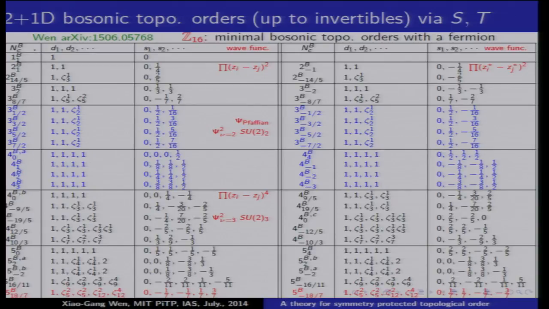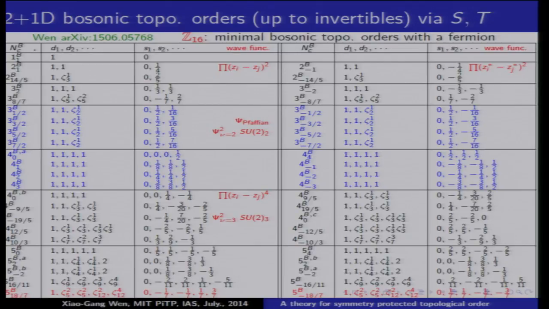And that is Z16. So what do you mean minimal? Minimal really means that this fermion has a non-trivial mutual statistics with every other topological excitation. So that's what we call minimal. So if you think about bosonic topological order which contains fermion, and this fermion has non-trivial mutual statistics with every other topological excitation, this kind of bosonic topological order is Z16, which is this blue entry here.